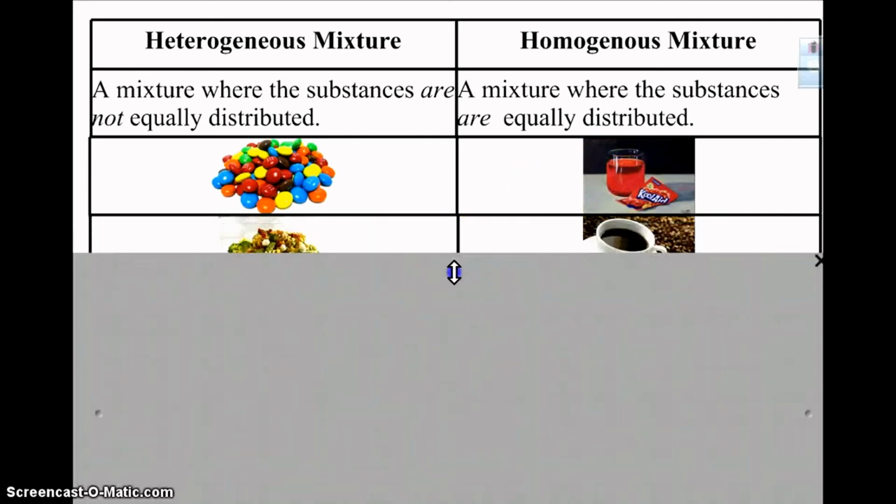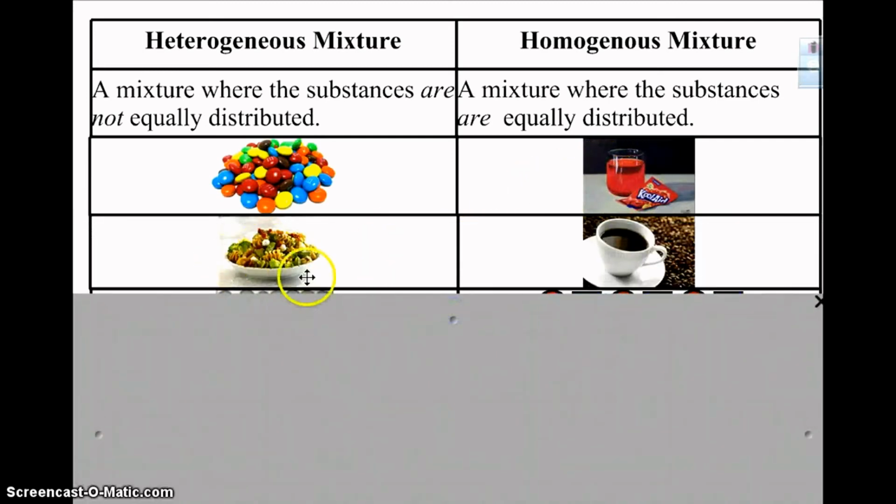Gotta love Kool-Aid. Here we have a pasta salad. You can see feta cheese, goat cheese. Isn't that a weird thing, goat cheese? That feta cheese is spread around, but there are not too many parts of that cheese there. So this is a heterogeneous mixture because it's not evenly distributed throughout the mixture.